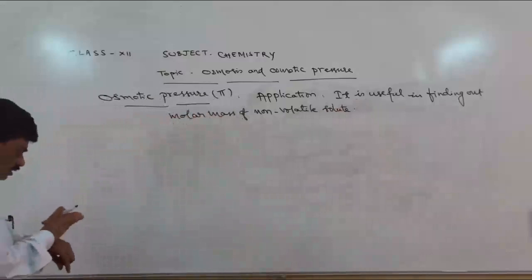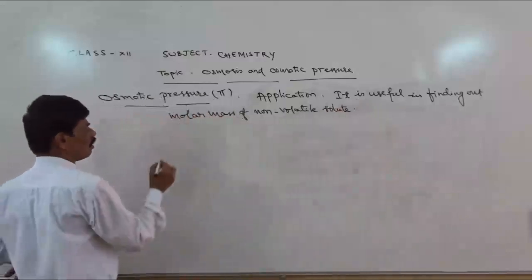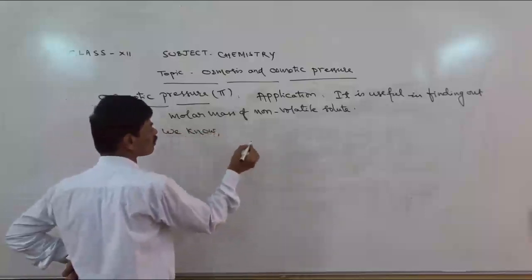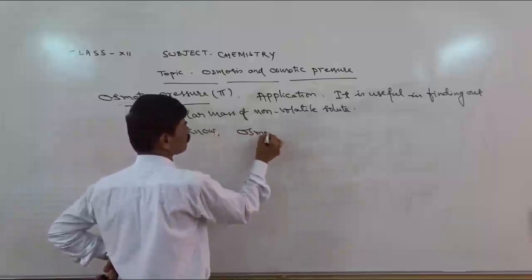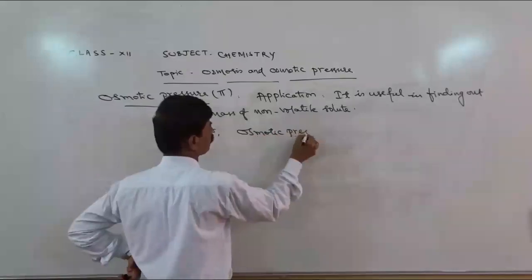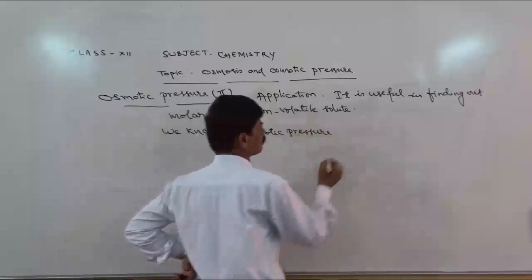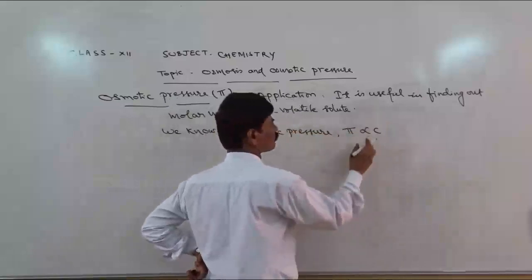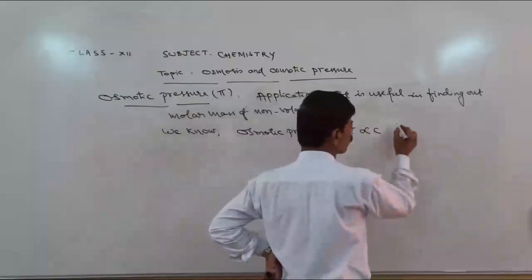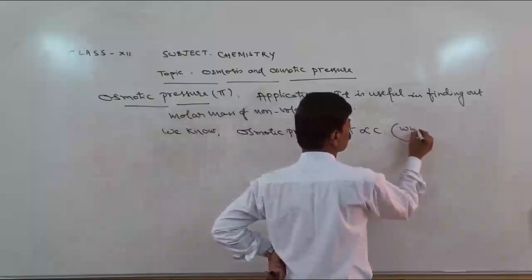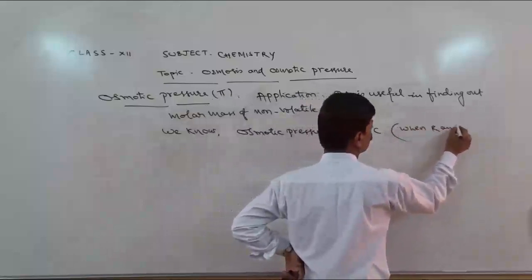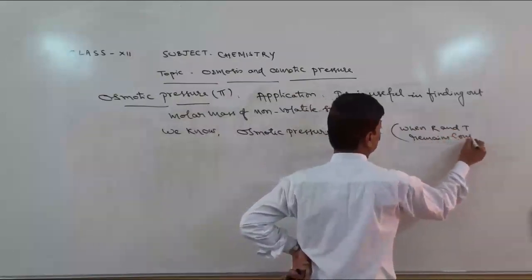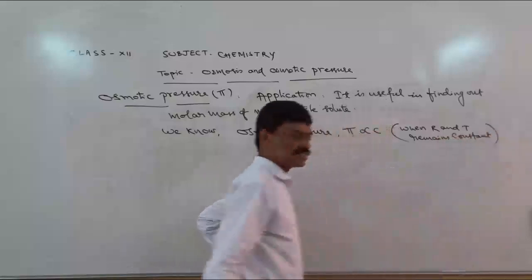Now let us see how it is calculated. Osmotic pressure we know, that is pi, is directly proportional to C, that is concentration of the binary solution, when R and T remain constant.